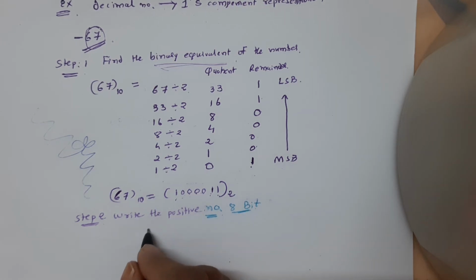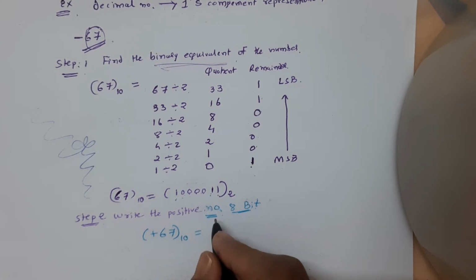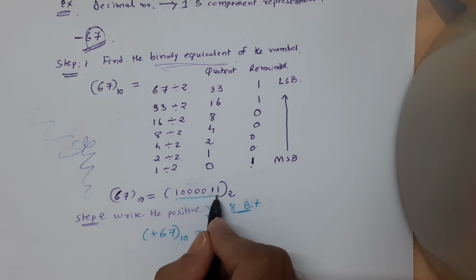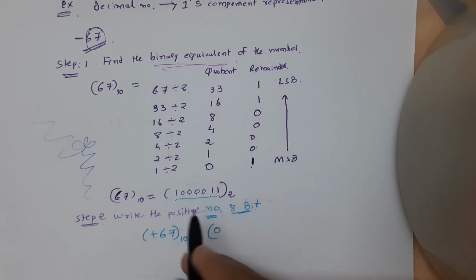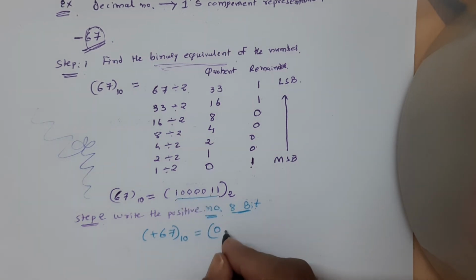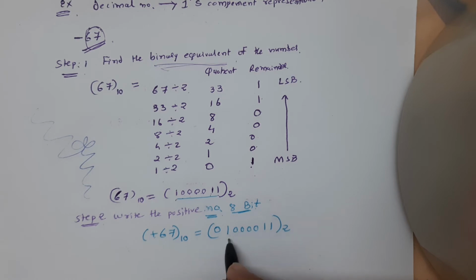So this plus 67 in decimal is equal to, right, this is your 7 digits and positive sign, so we add one more 0, right? And then the remaining 1 0 0 0 0 1 1 binary. Total 1 2 3 4 5 6 7. This shows us 67, that means the value, that means the decimal number, that means our magnitude. And this 0, we are adding 0 because the sign is plus 67.